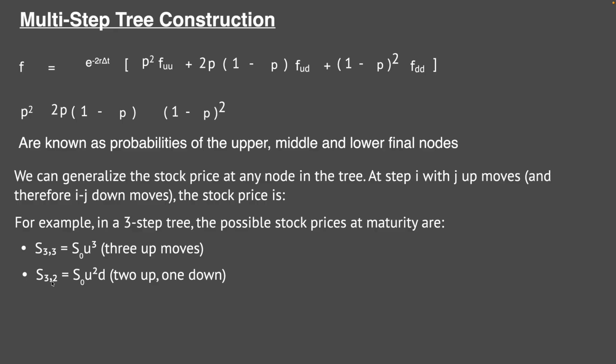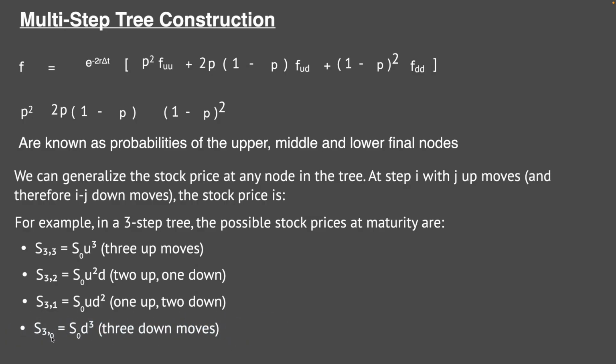S32 will be S0 into U square into D, where there will be 2 up moves and 1 down move. And S31 will be equal to S0 into U D square, where there will be 1 up move and 2 down moves.